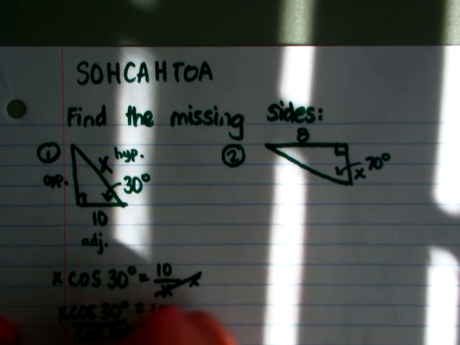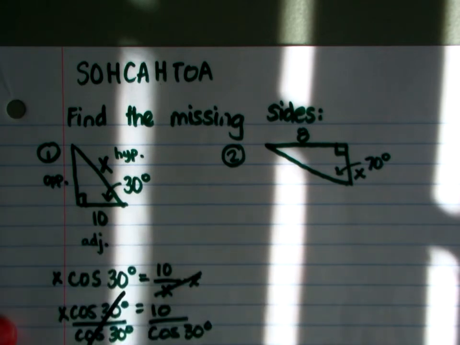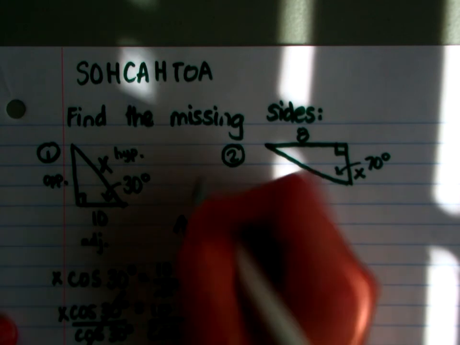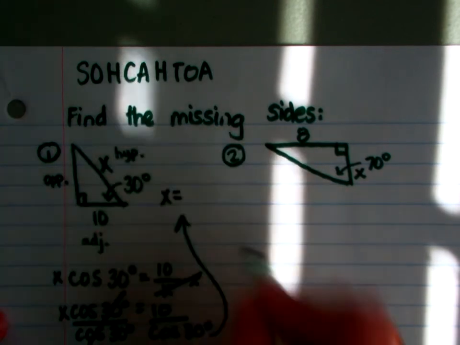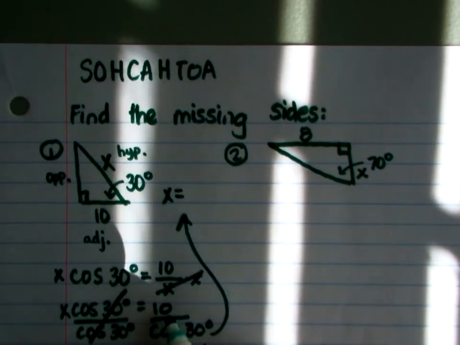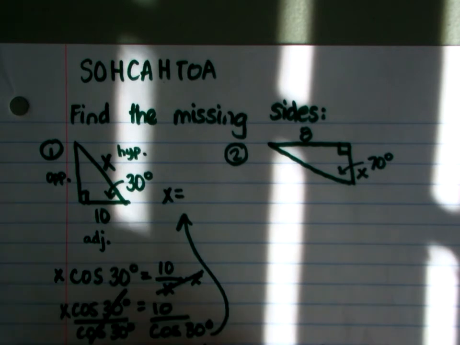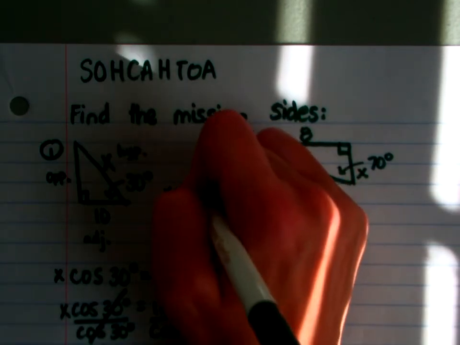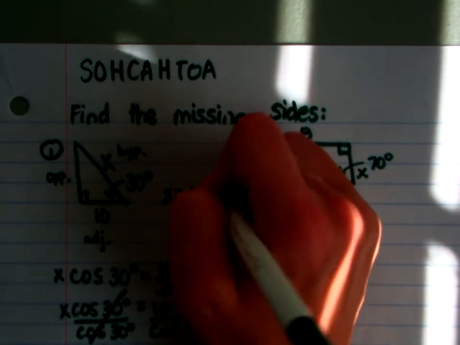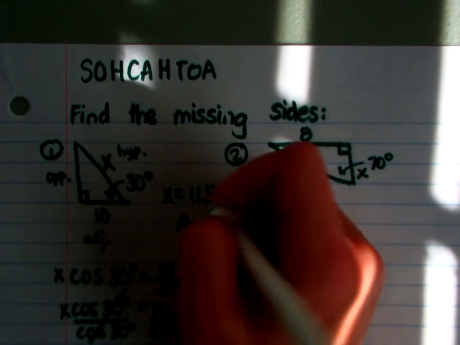The cosines cancel, and x is equal to 10 divided by the cosine of 30 in our calculator. That gives me a side length of 11.5, so our hypotenuse here is 11.5.